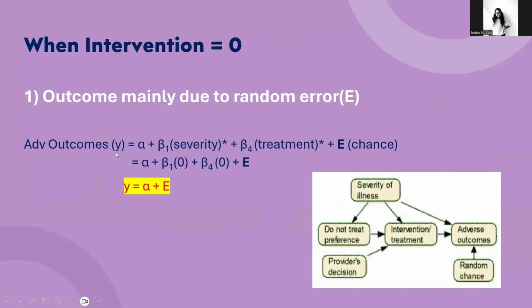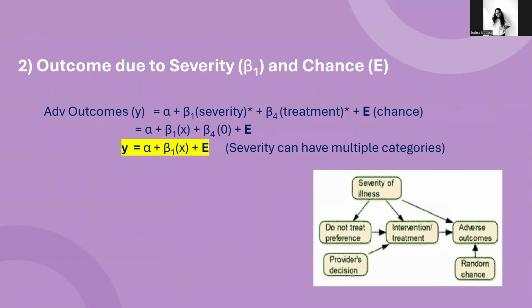The adverse outcomes, Y, is alpha plus beta 1 severity plus beta 4 treatment plus random chance or E. Here we label only E, and we assume severity and treatment to be zero. Then Y, our adverse outcomes, will be alpha plus random chance. This is the first instance.